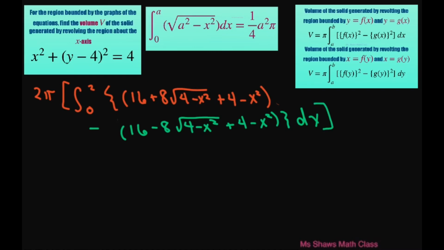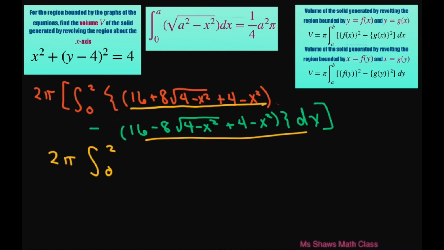Now let's combine all this. This is going to give me 2 pi, going from 0 to 2, and if you combine these two together, you get 16 times the square root of 4 minus x squared dx.